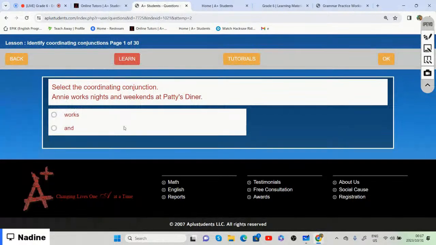Annie works nights and weekends at Patty's Diner. If we look at that sentence, can we select or identify the coordinating conjunction within that sentence?